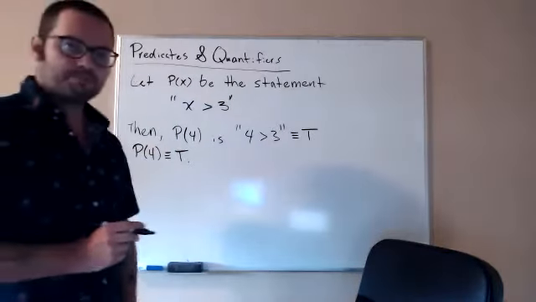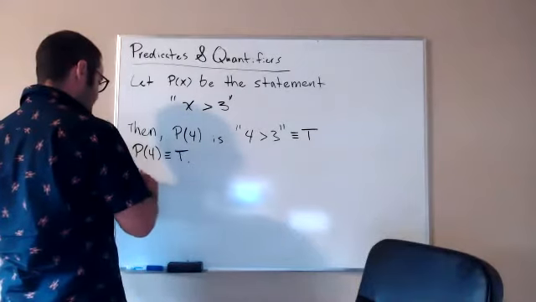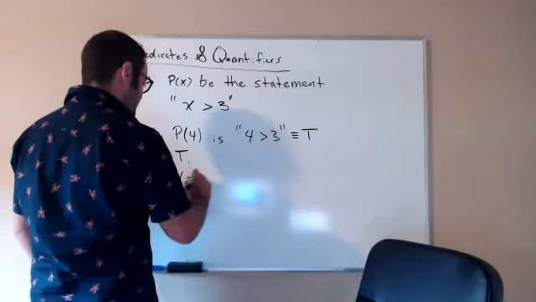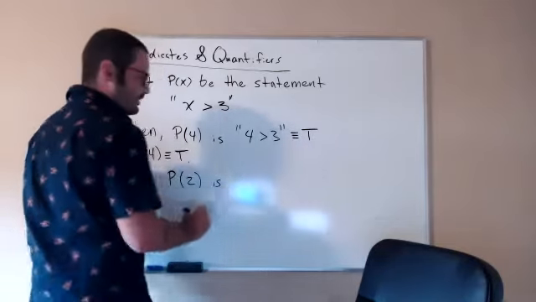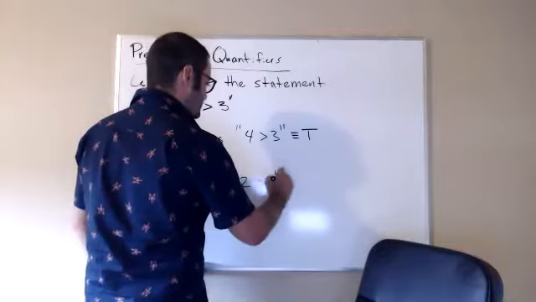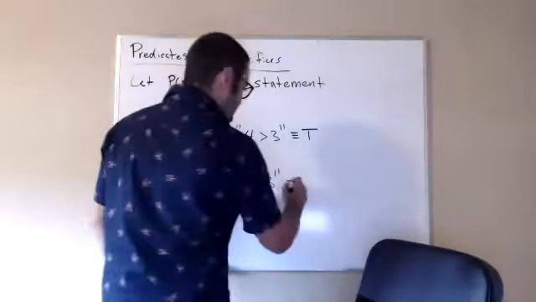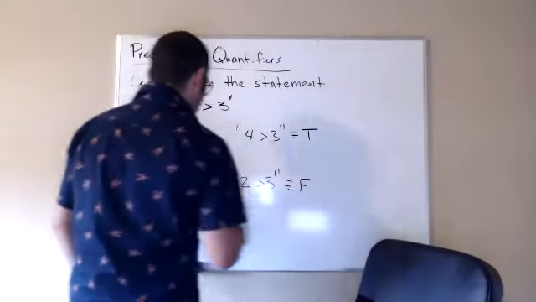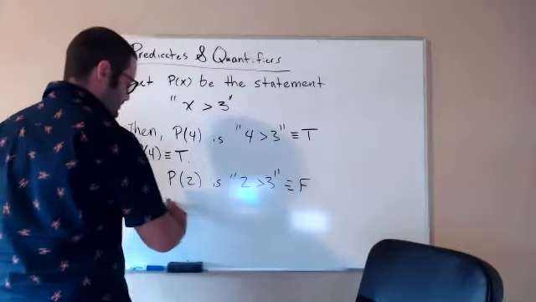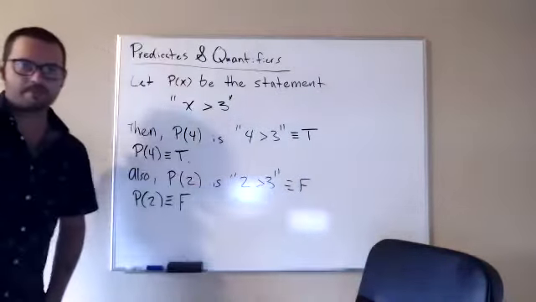And another example, also maybe P of 2, is the proposition 2 is greater than 3. And this happens to be false. So we know that P of 2 is false. Okay?